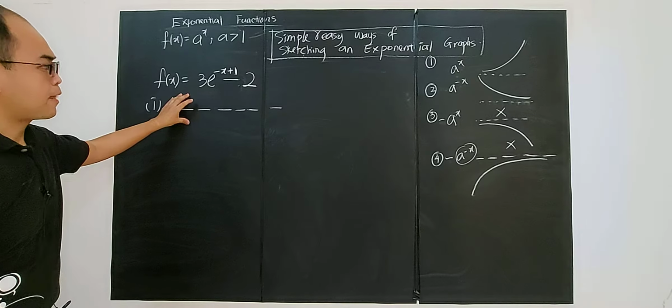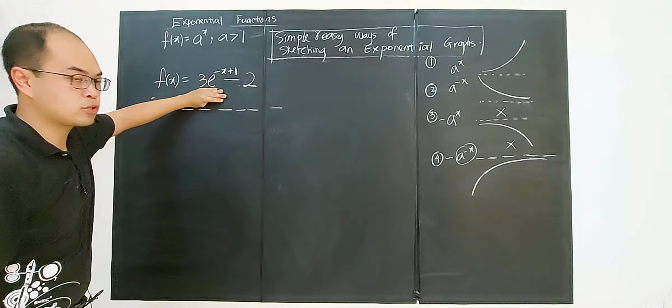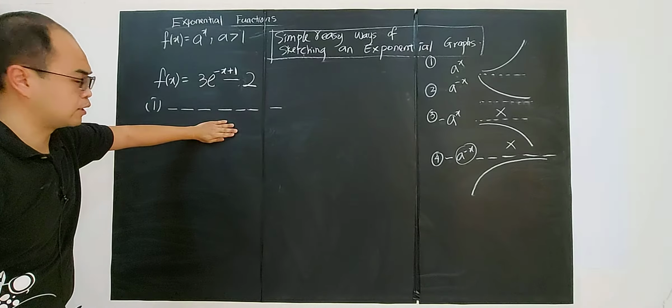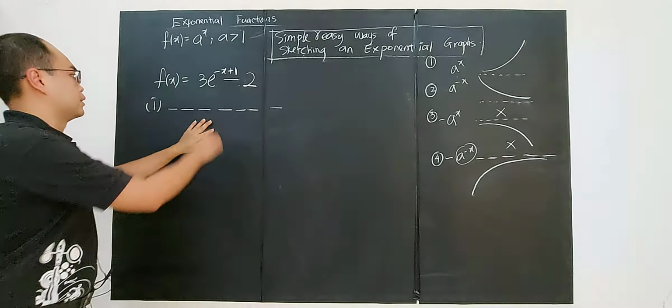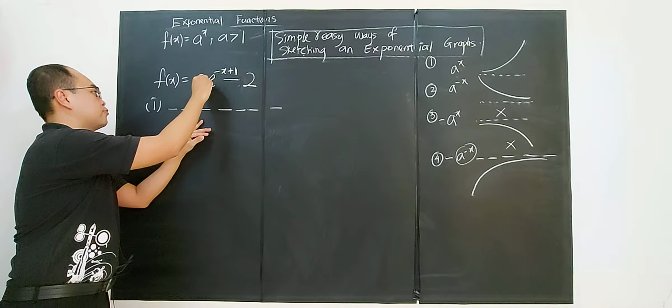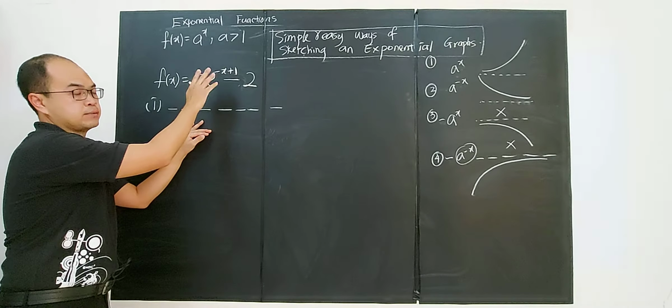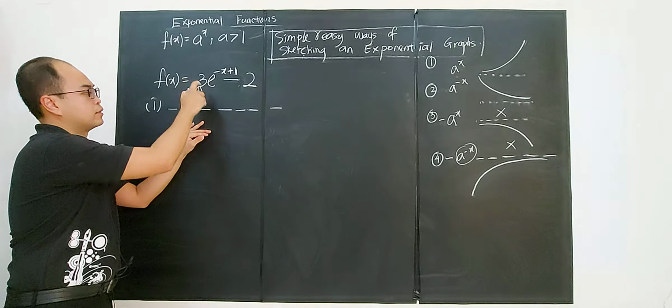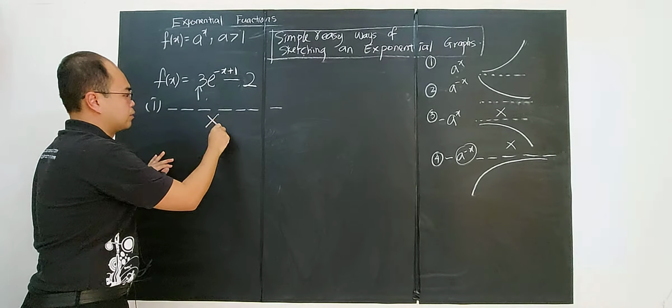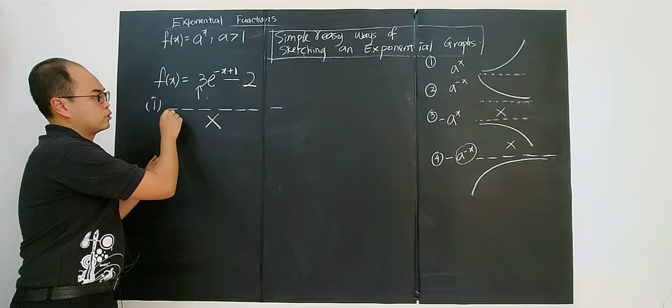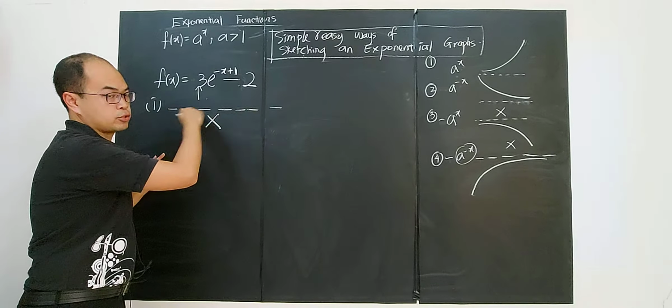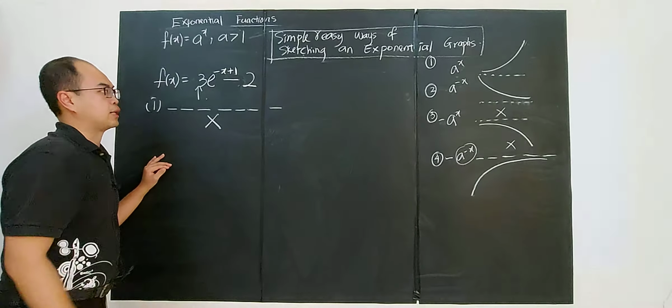And to decide whether the graph is on top of the horizontal asymptote or below it, we look at the sign in front of the exponential function here. Without the number, it doesn't matter, but the positive here tells you that the graph is not below the horizontal asymptote, it is above the horizontal asymptote.